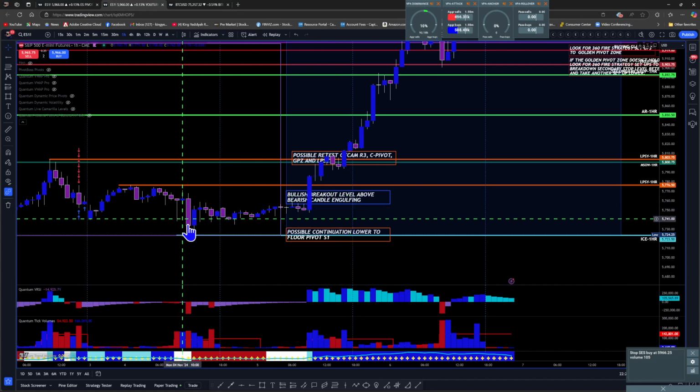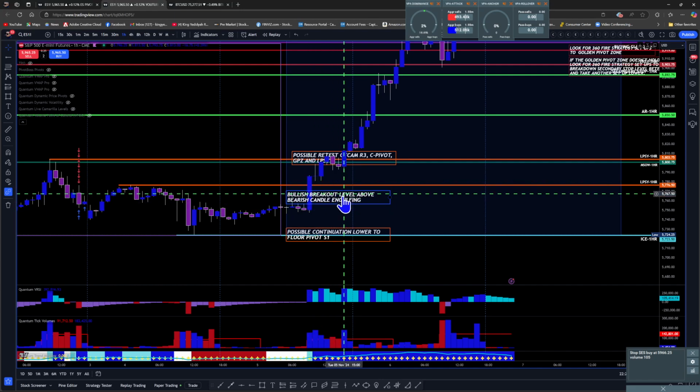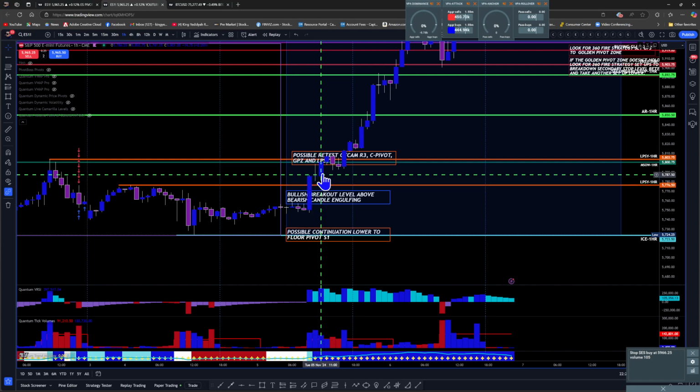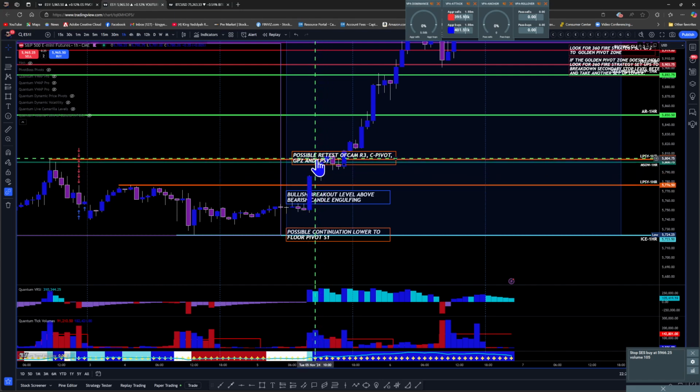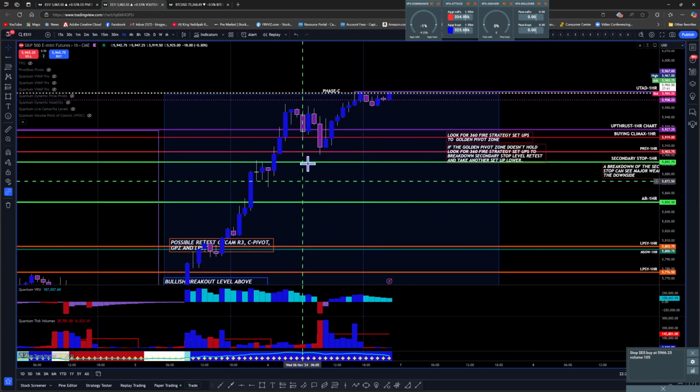It engulfed all these candles. If we get a bullish move, that's a breakout move right there. Retest of this GPZ level, which is the golden pivot zone, Camarilla R3 and central pivot, and then they didn't look back from there, right?